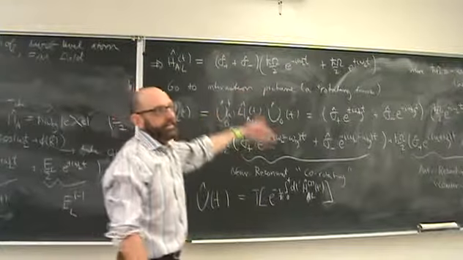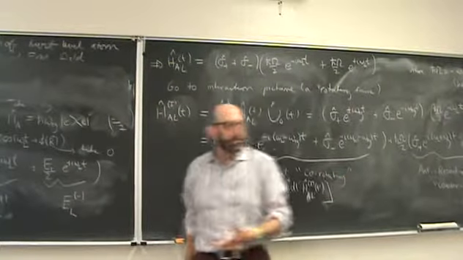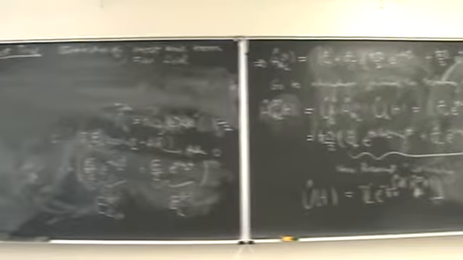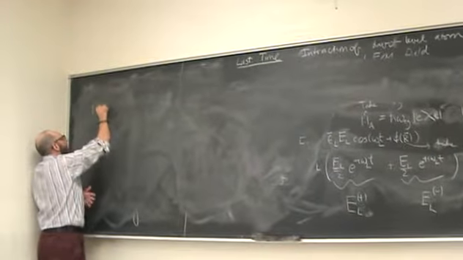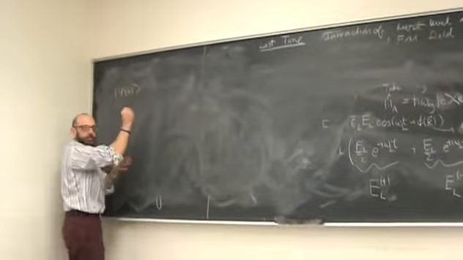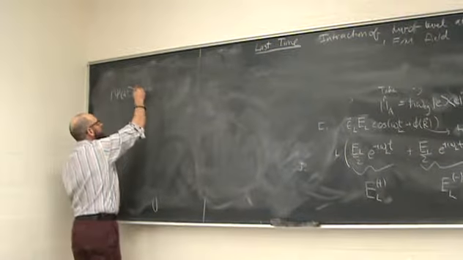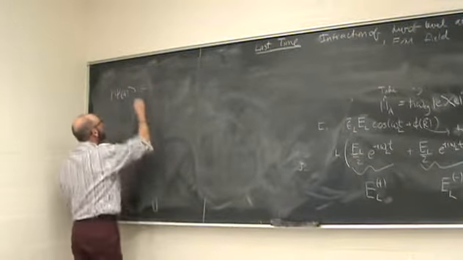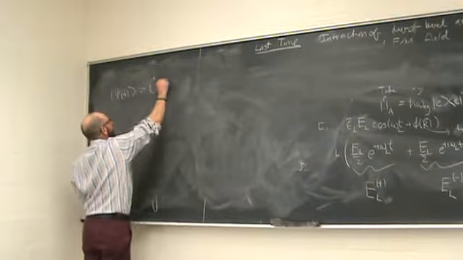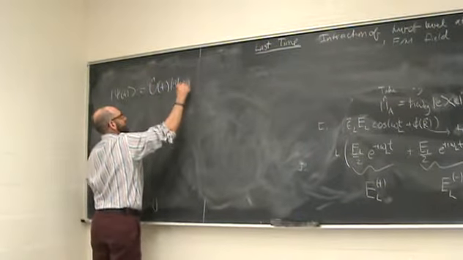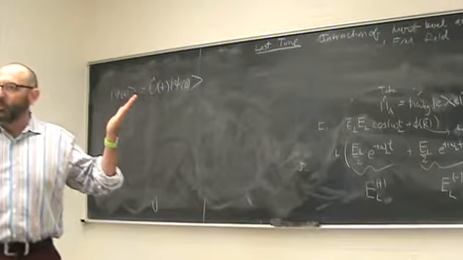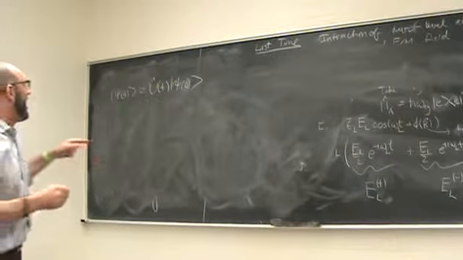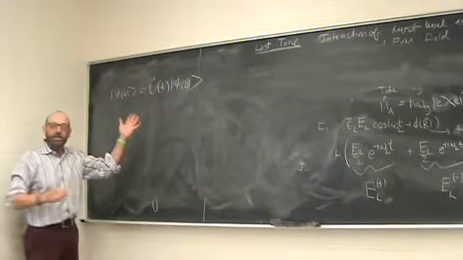I just rewrote this in a certain picture, and we have that the state of the atom evolves in time in the interaction picture according to the time evolution operator, right? That's what quantum mechanics tells us, right? And everything is in the interaction picture here.